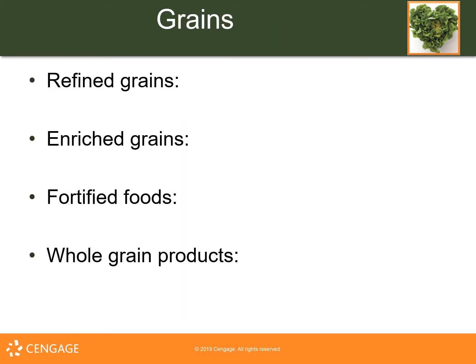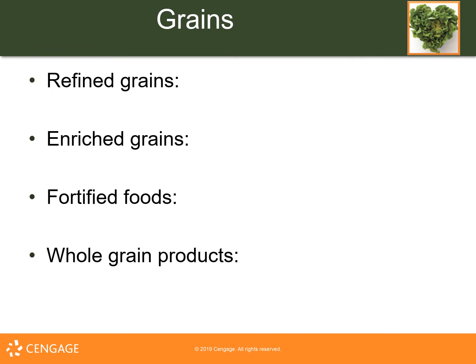So grains. I'd like you to be able to understand and define these four types of grains or definitions. These are terms that you'll find in the text, and I hope that you'll be familiar with these, as you'll likely see at least a question or two about it on your exam. Refined grains, basically the coarse parts of the wheat are removed, leaving only the endosperm.